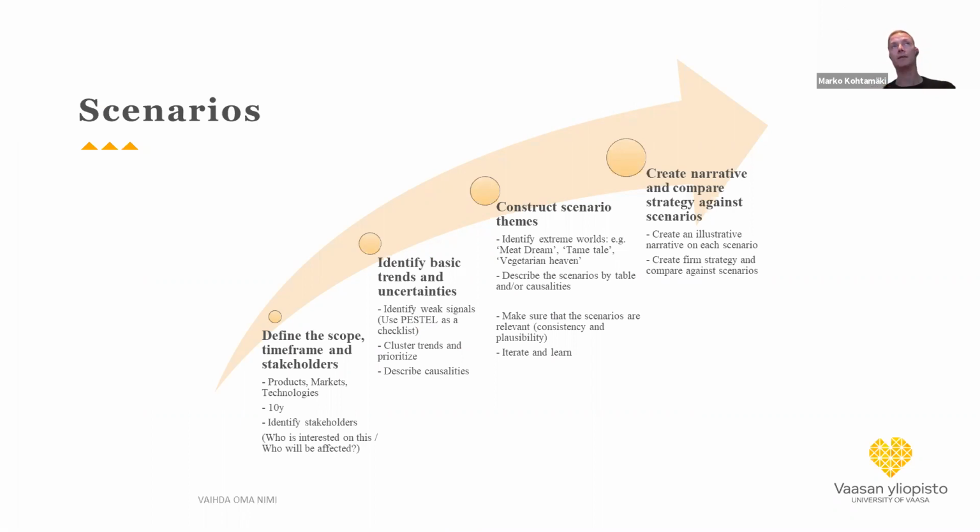This is not to say that those concepts would be the only ones used to describe the business environments, but they provide some examples how the business environment can be understood. So then we need a structured tool to understand how we could describe the different possible futures, and scenarios is a tool to do this.